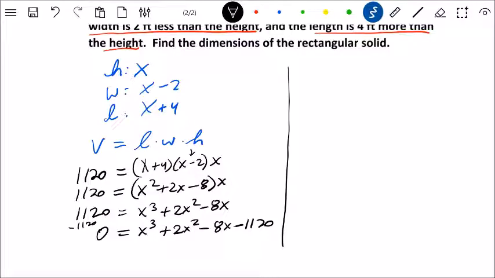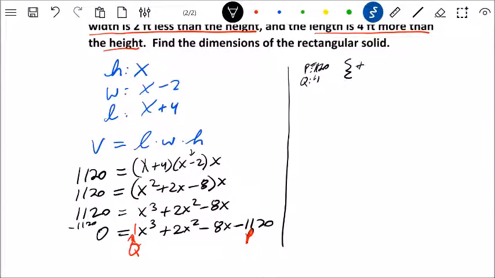Now, the possible things we have: 1120 is P, and then Q is 1. So that does help, in that all I have to do is list all the possible ones. If P is 1120 and Q is 1, it's plus or minus all the possible factors of 1120.